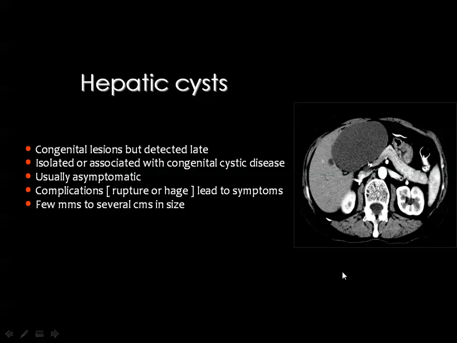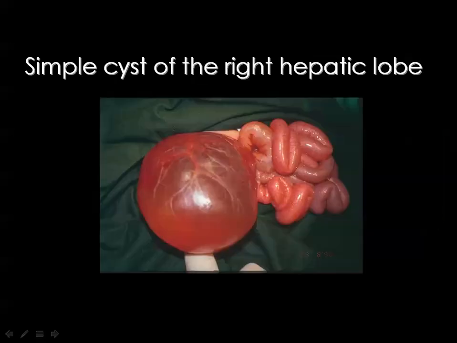Then we agree about the criteria of a simple cyst, which is a congenital lesion and is usually detected late in life because it is asymptomatic in most cases. The complications include the two well-known complications of any cyst: rupture or internal hemorrhage. And this is the surgical specimen showing the criteria of a simple cyst with paper thin wall and fluid content, as I have said.